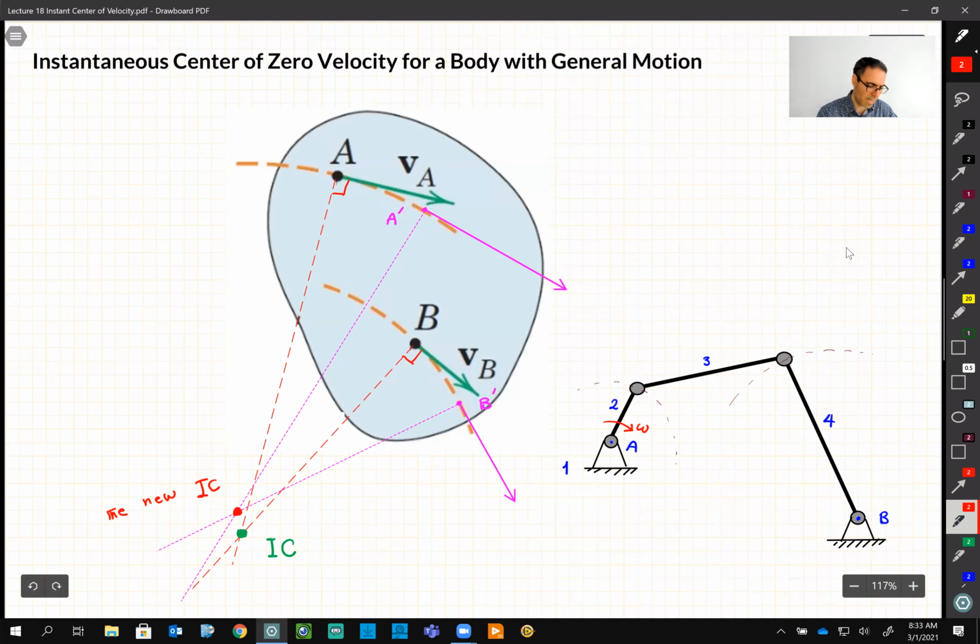Okay, so this is the example we're trying to find. Link 3 has a general motion. Find its instant center at this moment.